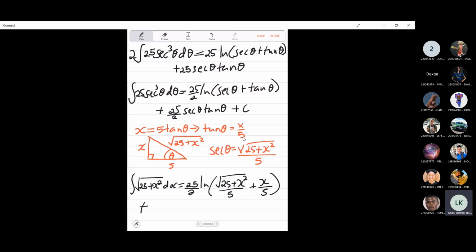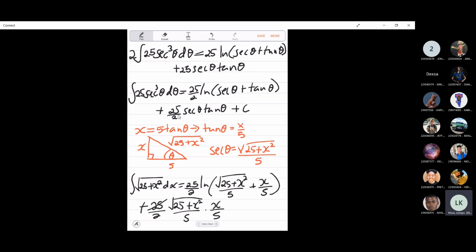And then we have 25 over 2, sec theta is the square root of 25 plus x squared over 5, and then tan theta is x over 5.